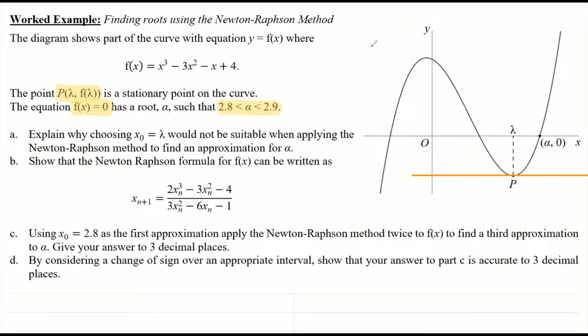So we could say that the tangent, assuming you did do it, would be a horizontal line or straight line.